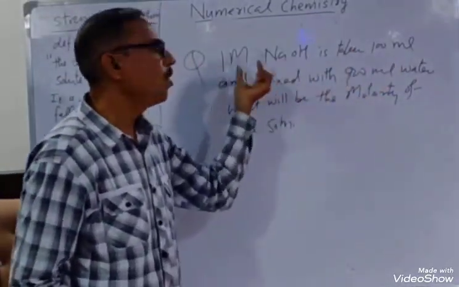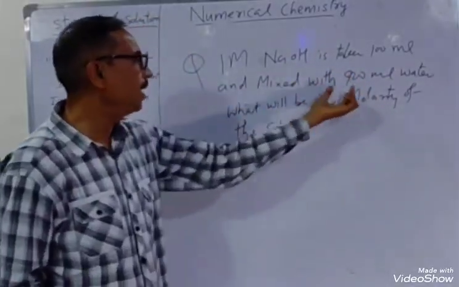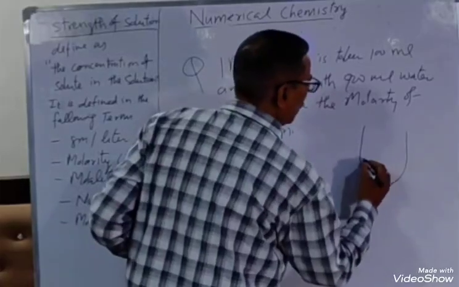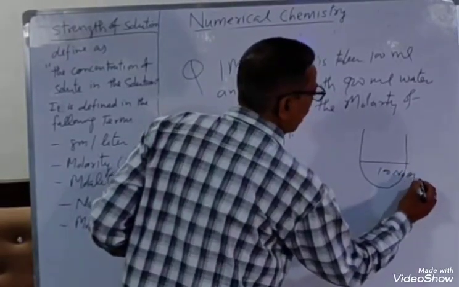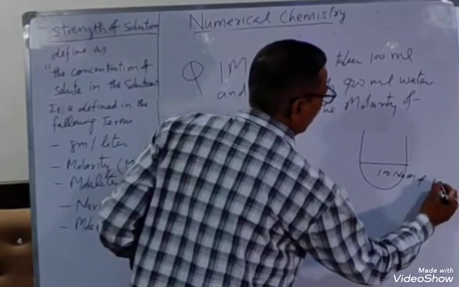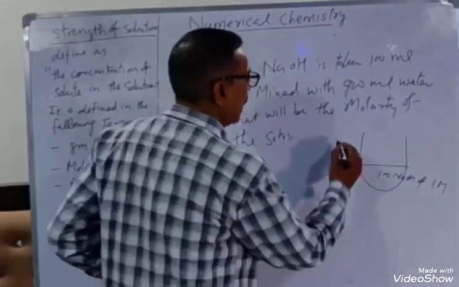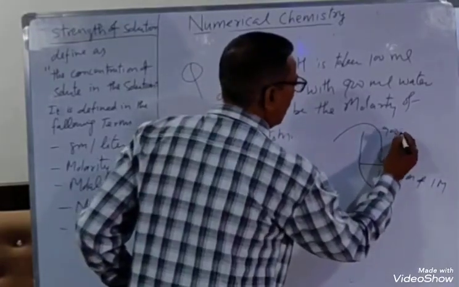100 ml of 1 M NaOH solution is taken and we add 900 ml of water. Suppose this is a container. Here 100 ml NaOH of 1 M, that is molarity is 1, is taken. Add water, now 900 ml.